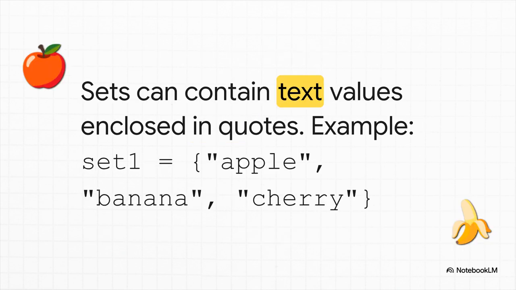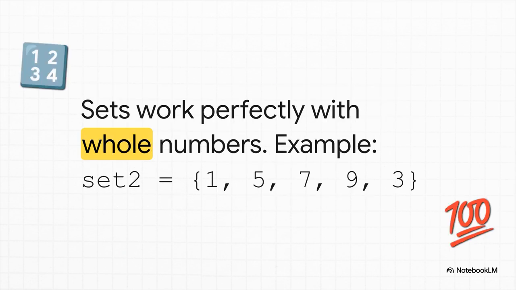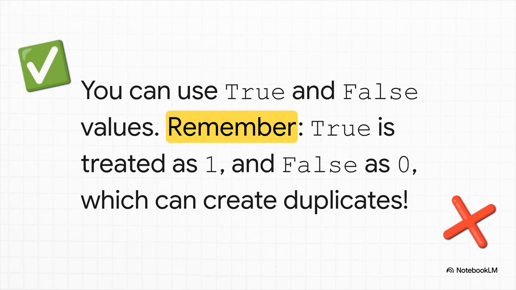So what kind of stuff can you actually put inside a set? Well, pretty much anything. Most of the time, you'll probably be using them with strings just like this. But they work just as well with numbers. And don't forget that uniqueness rule. If we tried to add another 5 to this set, it just wouldn't do it. You can even throw booleans in there, but there's a fun little quirk you have to know.